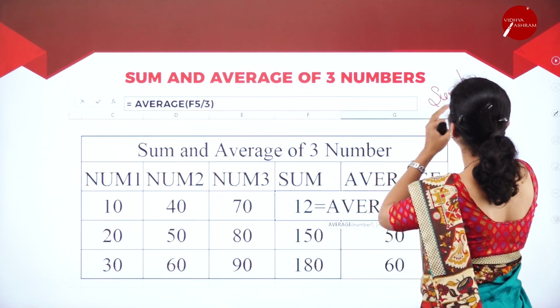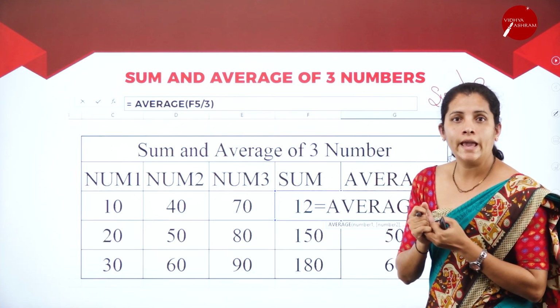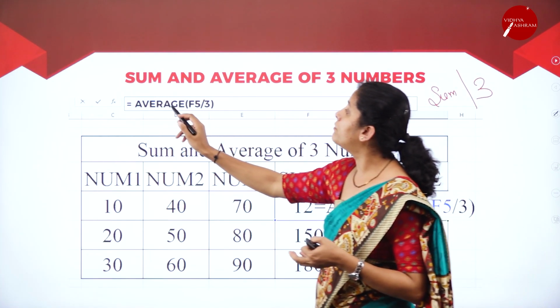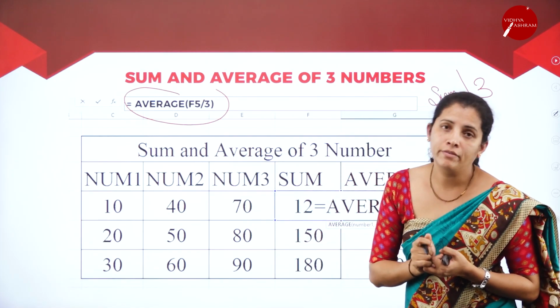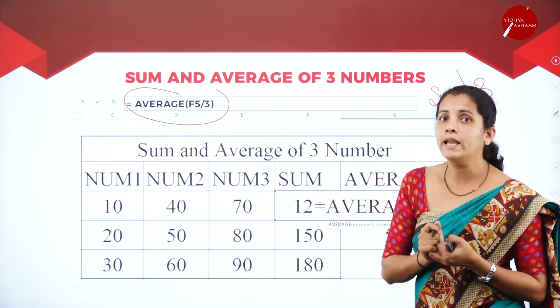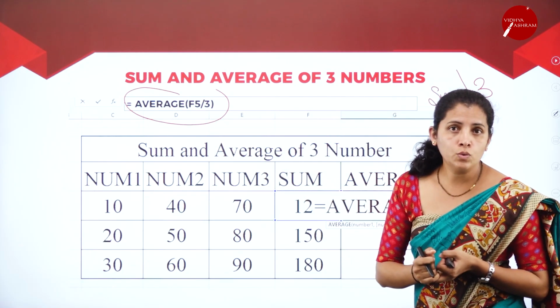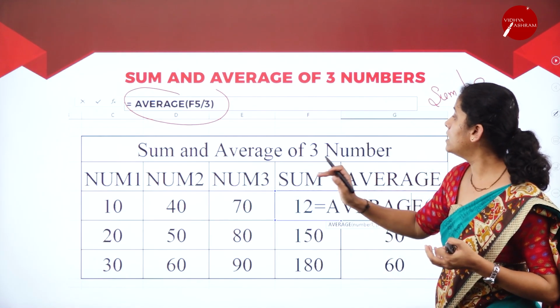So this is the general formula. Now I want to translate this general formula to the Excel formula, that is written in the form of average of F5 divided by 3. So before that, I want to perform the summation of the given numbers.